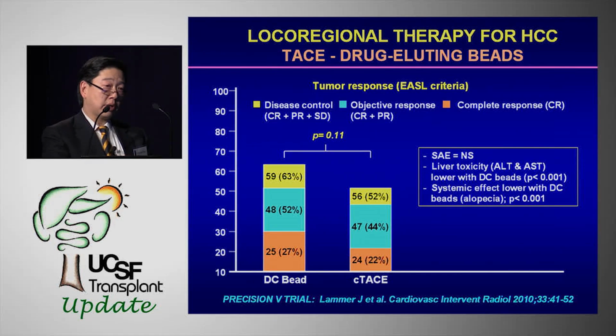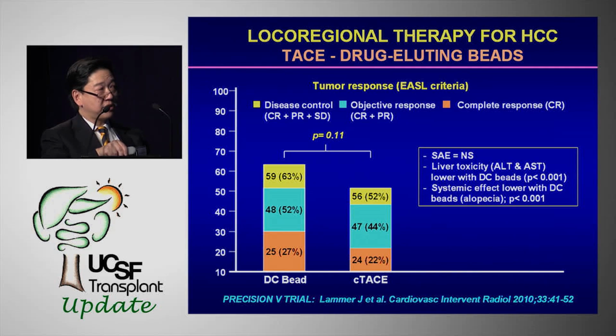And many centers are now moving away from conventional chemoembolization to using doxorubicin beads or DC beads. When you look at head-to-head comparison, in terms of tumor response based on objective criteria, there's a trend, but not a statistically significant benefit in favor of the doxy bead.